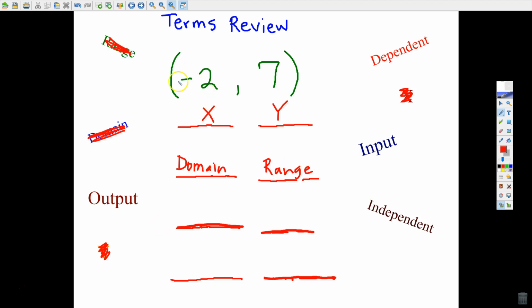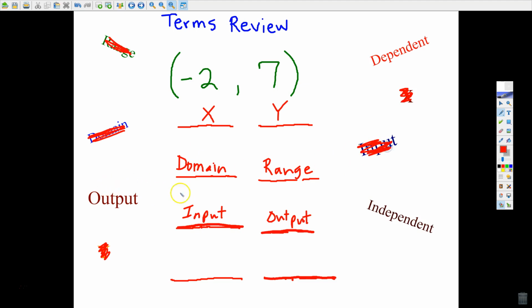We also think of the -2, the x coordinate, the domain. Another way of describing that is by saying that these are input values into a function, and they produce a resulting output. So we connect the x coordinate, the domain, and the word input. Those are all basically synonymous.